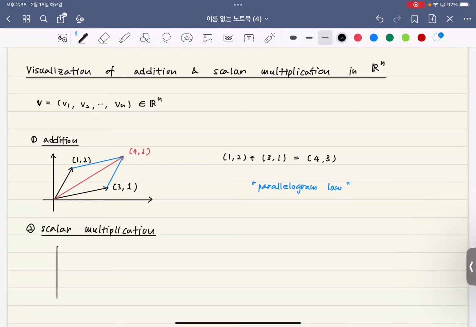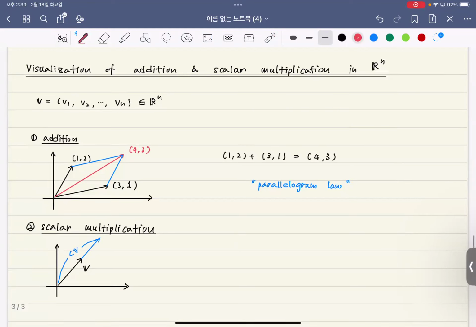Suppose that I have some random vector v, and scalar multiplication of this vector by a number c is nothing but stretching this vector by a factor of c. Okay. So this is c times v.